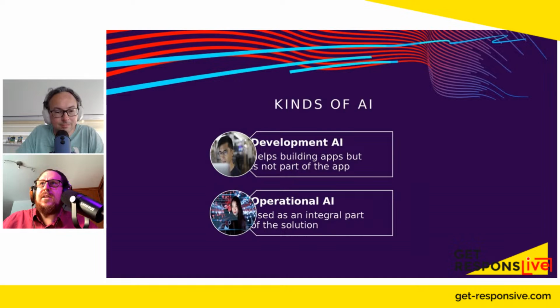By that I mean that one type of AI is used to build applications, but not necessarily as part of your end solution. So it's not something that the end user will interact with. And the other, operational AI, is the opposite. Essentially, it's a component that you put in your application for the benefit of the end user. It will benefit the functionality for the end user, but will not necessarily help you build that application itself.